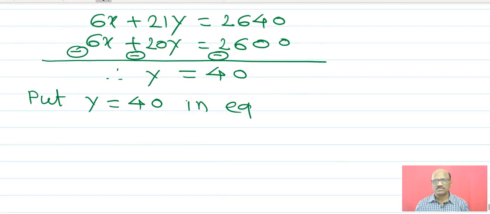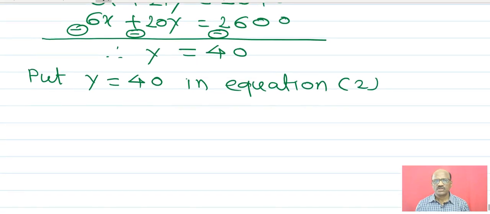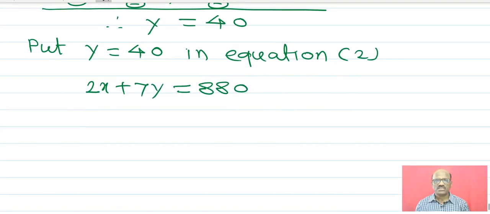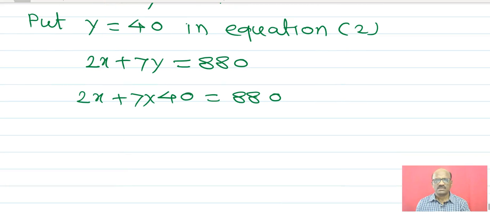Now put y is equal to 40 in equation 2. Then you will get the cost of tea. 2x plus 7y is equal to 880. Therefore, 2x plus 7 into 40, that is 280, is equal to 880.